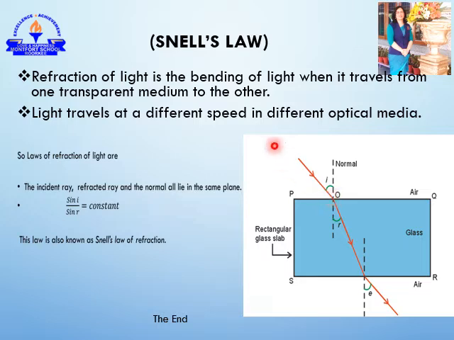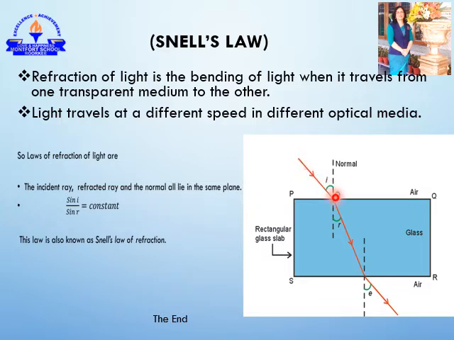Let us say a ray is incident at point O at an angle i to the normal. So the angle of incidence is i. Now what will happen at this point as the ray is coming from air and entering into the glass?